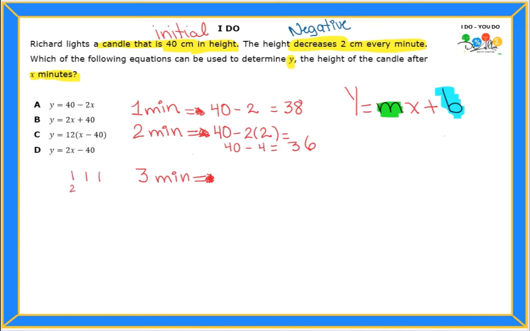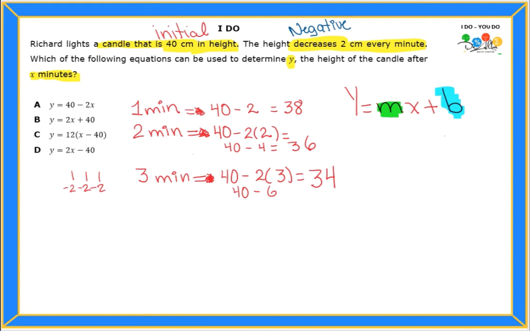Every minute it's going down by 2, and the reason I put a negative is because it's reducing. So I get 40 minus 2 times 3. Why 2 times 3? Because that's how many minutes. So this is 40 minus 6, and that gives me 34.